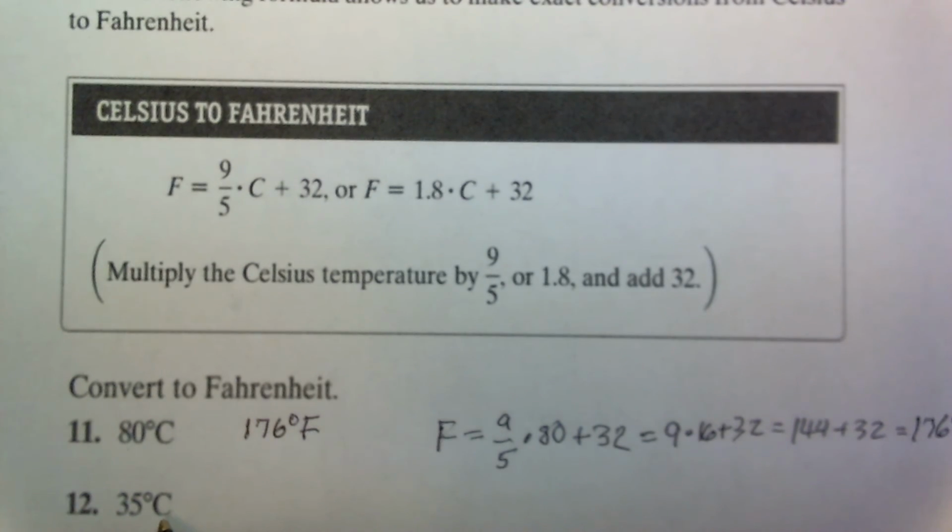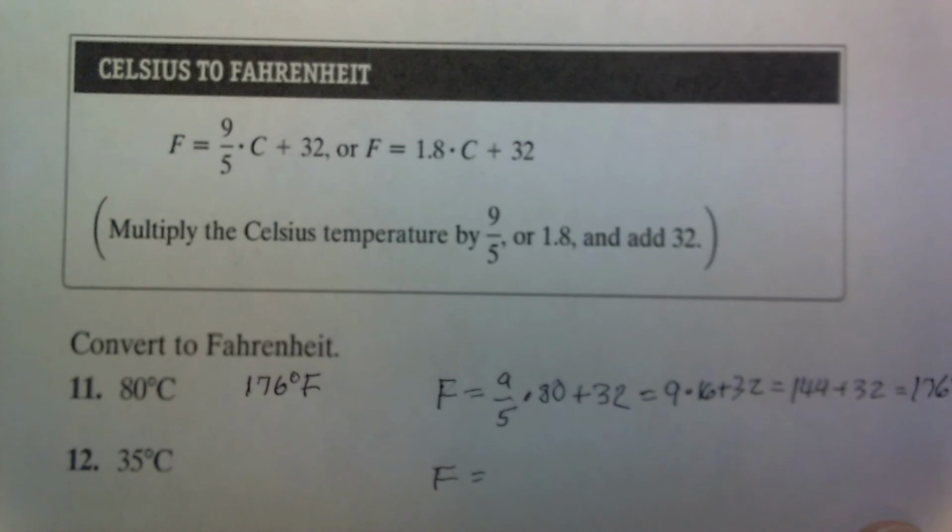Similarly, to convert 35 degrees Celsius to degrees Fahrenheit, F, using the same formula, F equals 9/5 times degrees Celsius, or 35 in this case, plus 32, and 5 goes into 35 7 times, so 9 times 7 plus 32, and 9 times 7 is equal to 63, plus 32 is equal to 95 degrees.